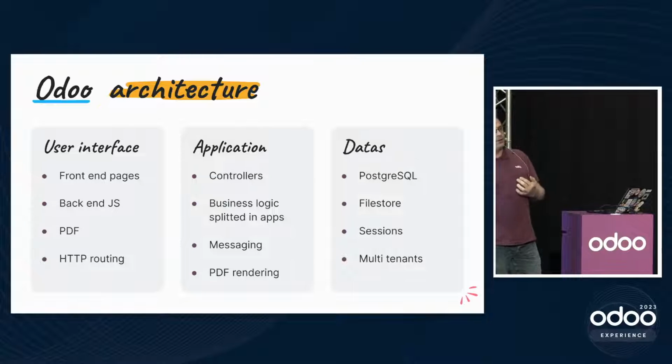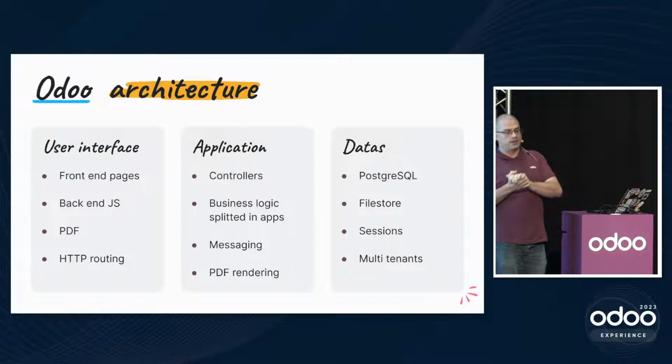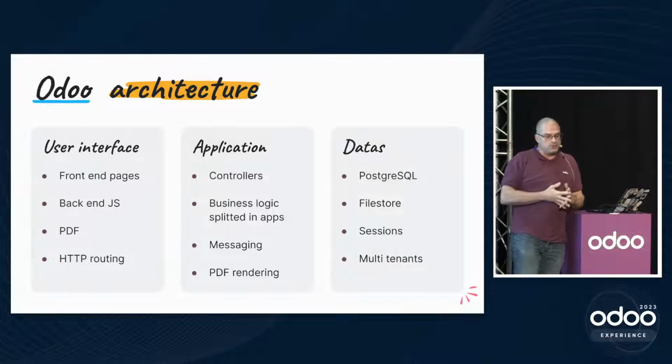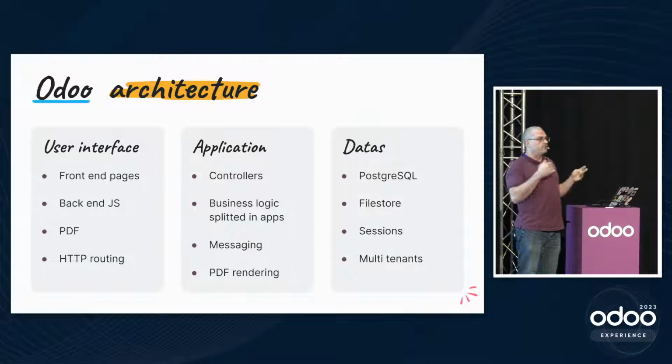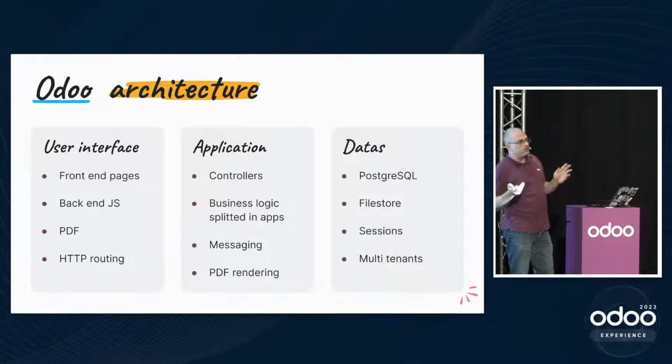The third layer is the data layer. It's the layer where your data lies. You have a first part, which is the database. The database we are using is PostgreSQL. And you also have the file store. All the binary content of the attachments in Odoo is not stored within the database, but directly on the file system.